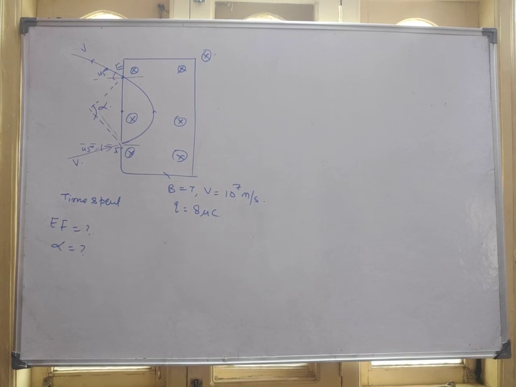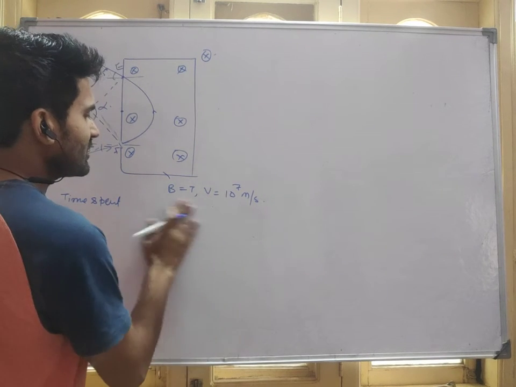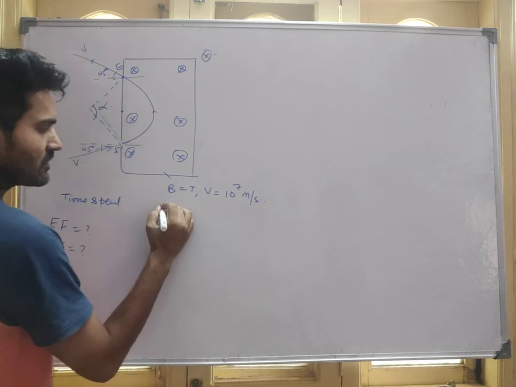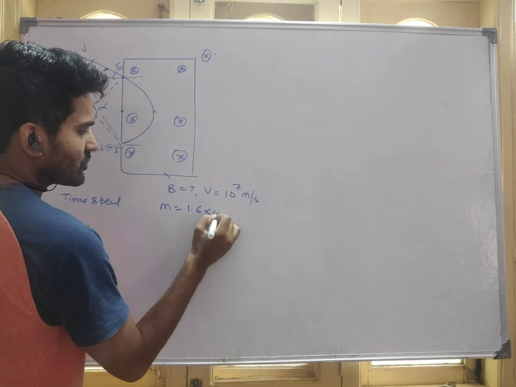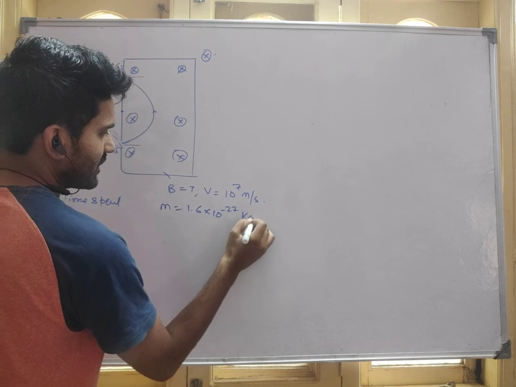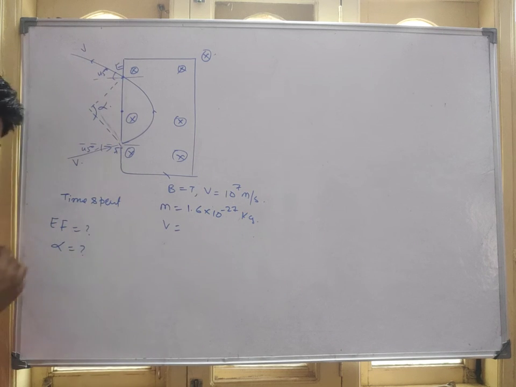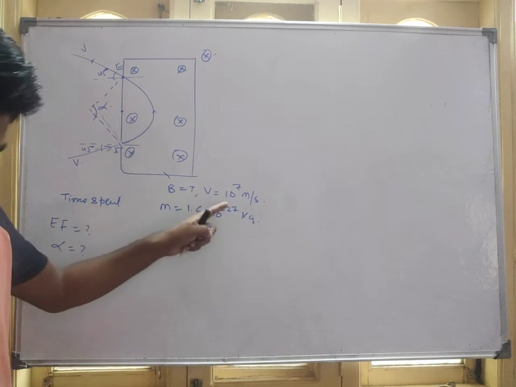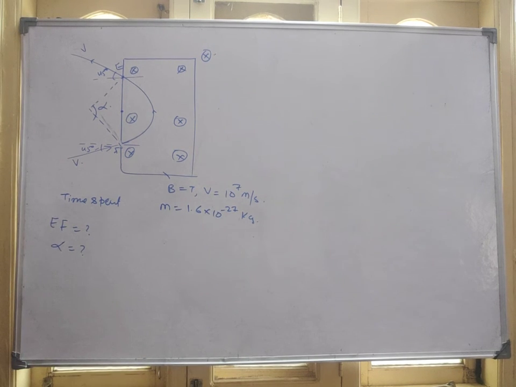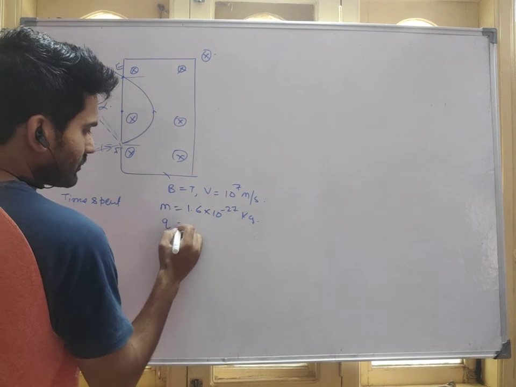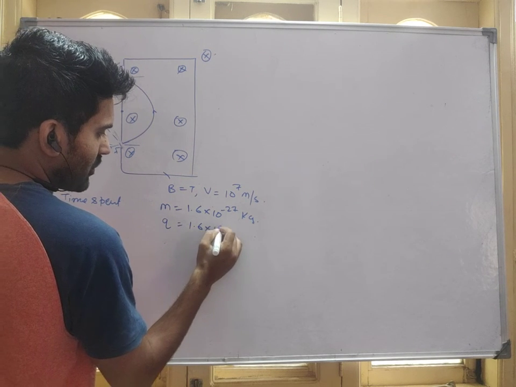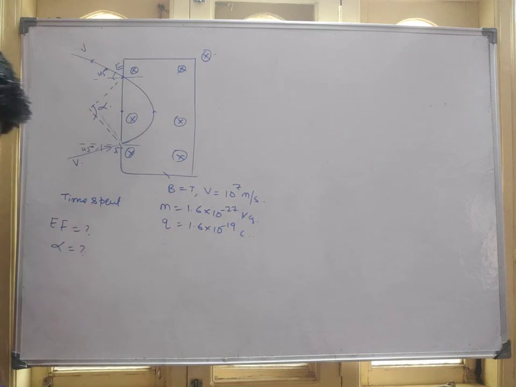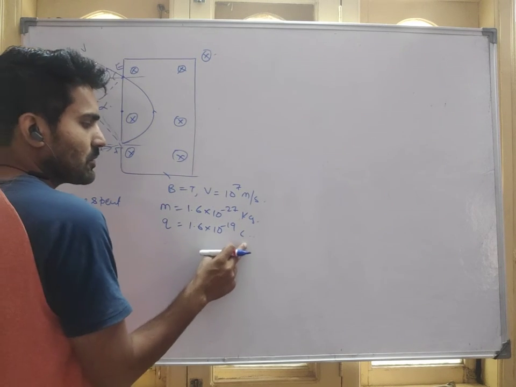Just one more case. Let me change the values. Actually, it is a proton. The mass of the proton is 1.6 into 10 raised to the power minus 27 kg, and the velocity is 10 raised to the power 7. Charge is 1.6 into 10 raised to the power minus 19 coulomb.